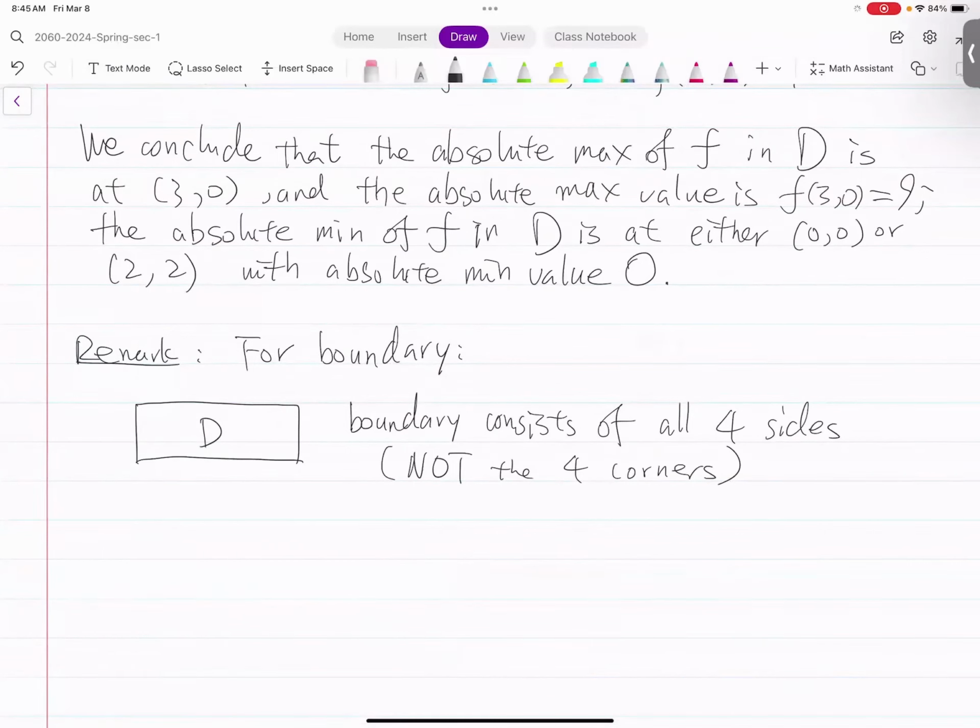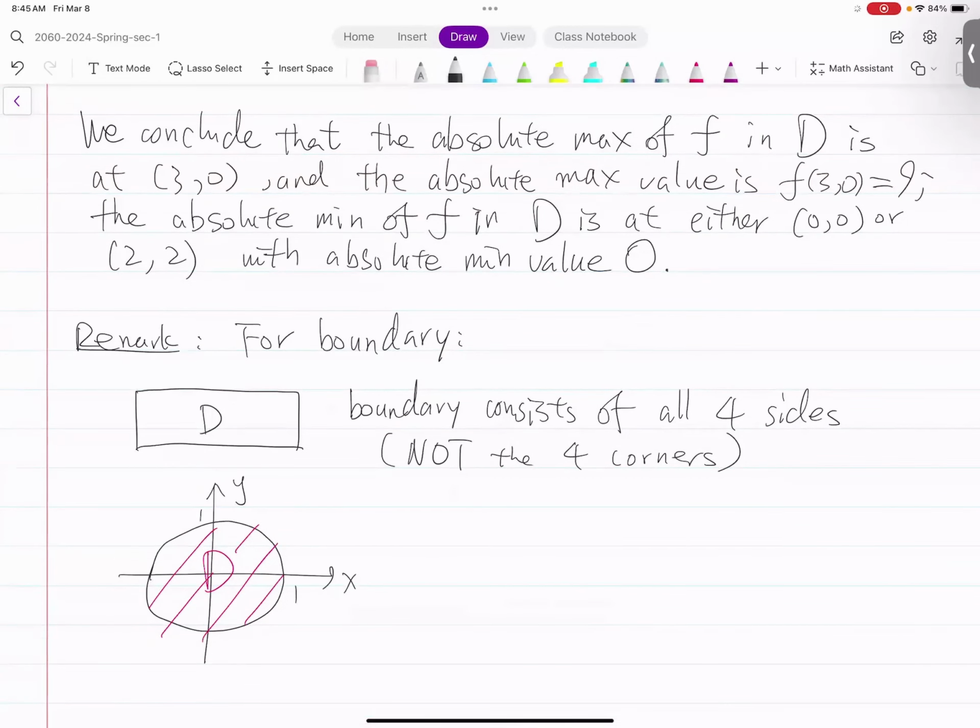And in some situations, we may even see a disk region. If we have a disk region, then the boundary is a circle. So that's something we have not even touched. So let's say if we have the unit disk, then the boundary is actually the unit circle.